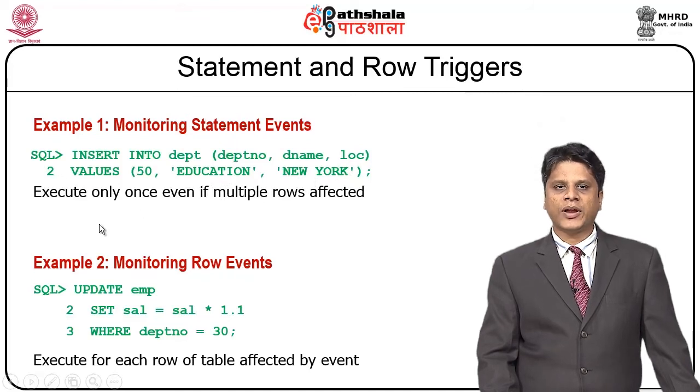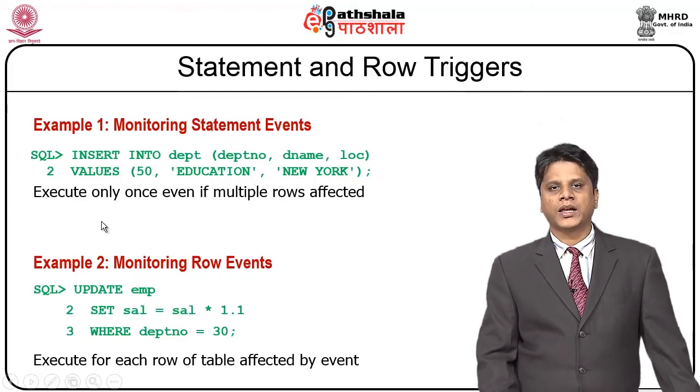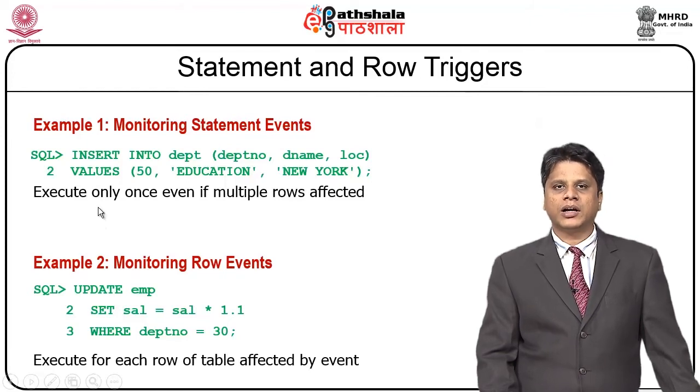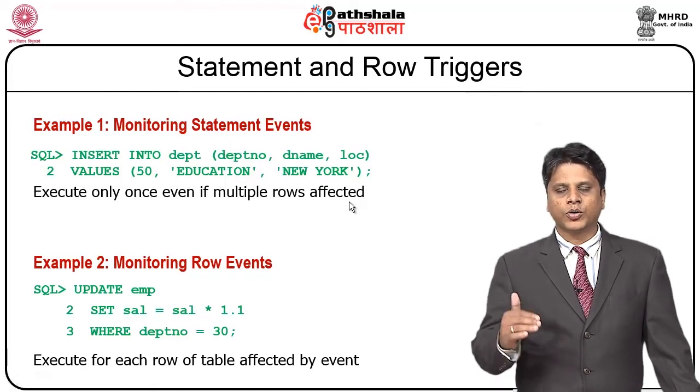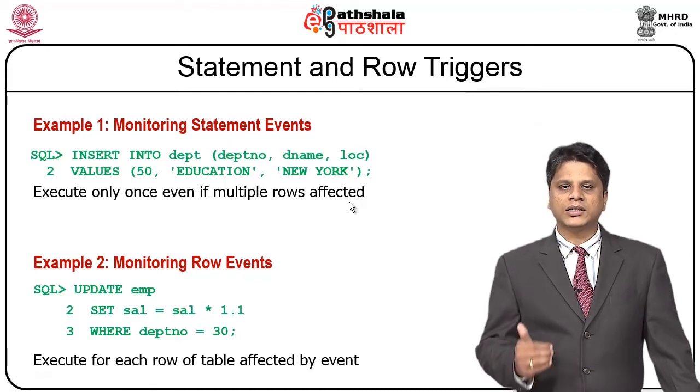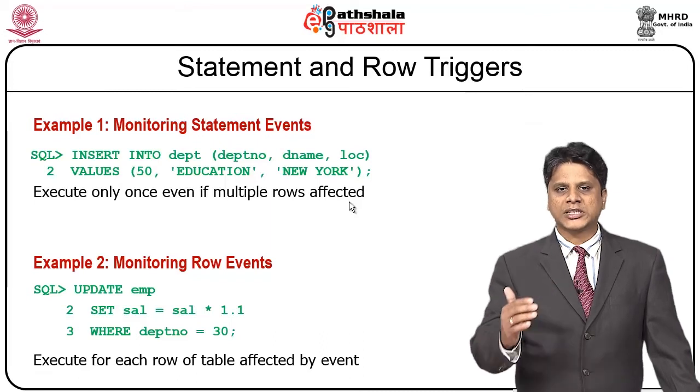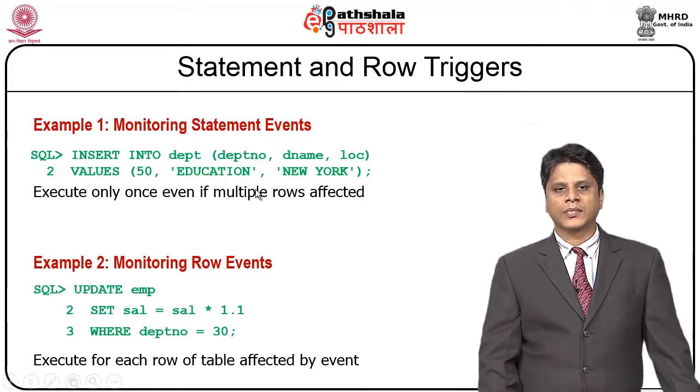If a statement level trigger or statement event occurs, this will execute only once, even if multiple rows are being affected. Even if I see multiple rows, I am inserting this value into only one specific row, since it is a statement level command.